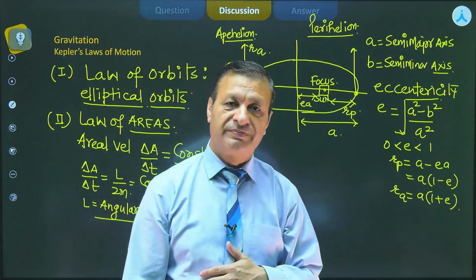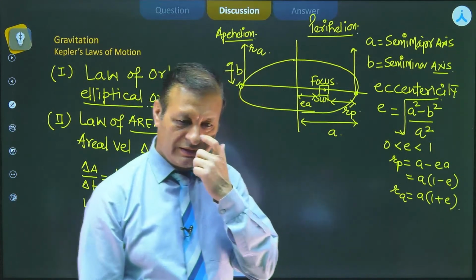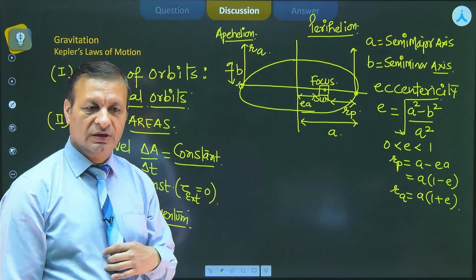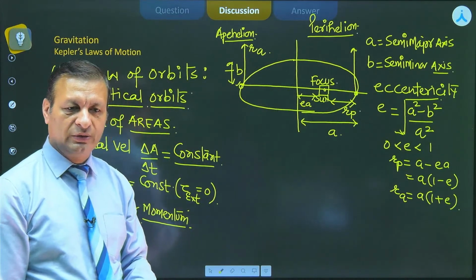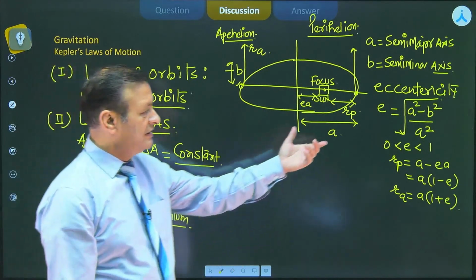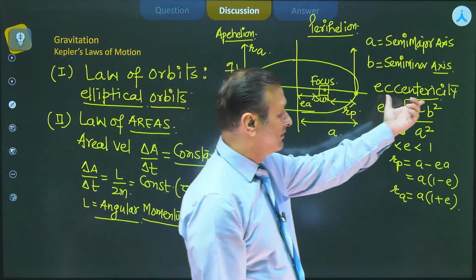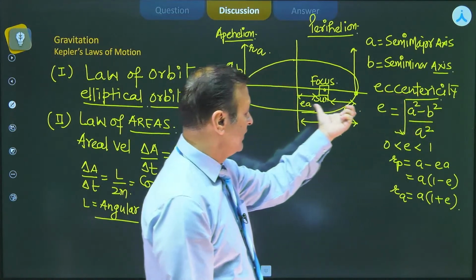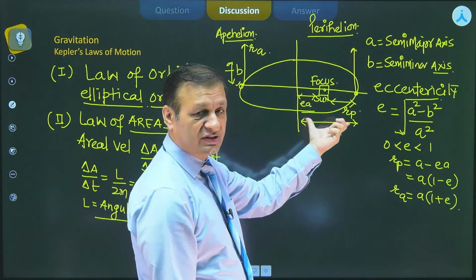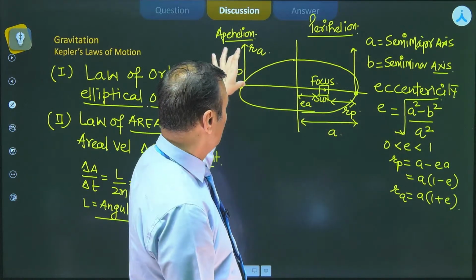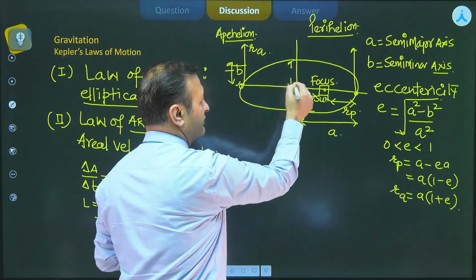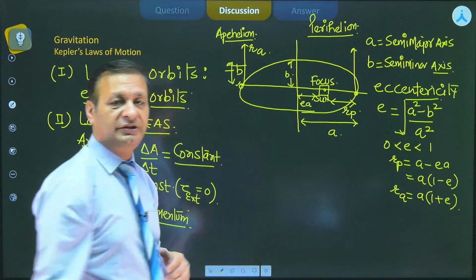Any doubt from this part? Ravinder is asking about eccentricity. Ravinder, can you see these two axes? One is your semi-major axis labeled as A. The other one is B, your semi-minor axis. Got it?